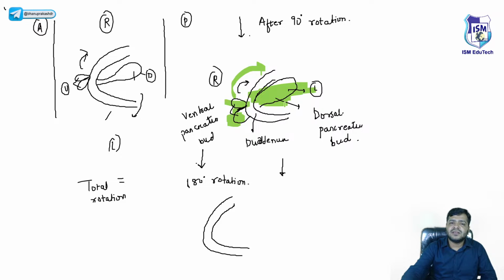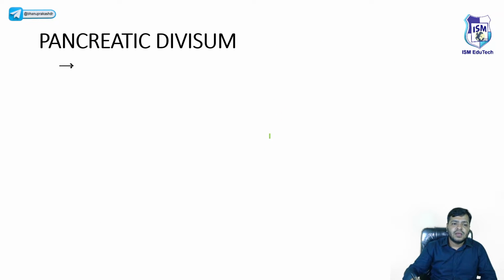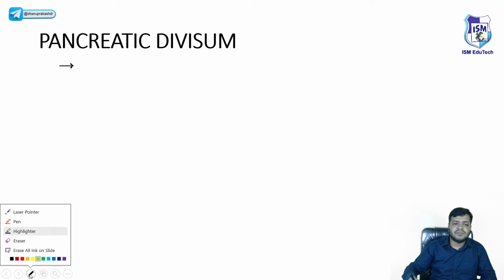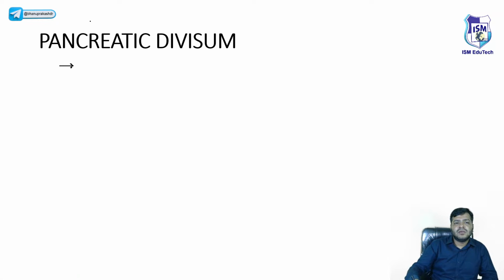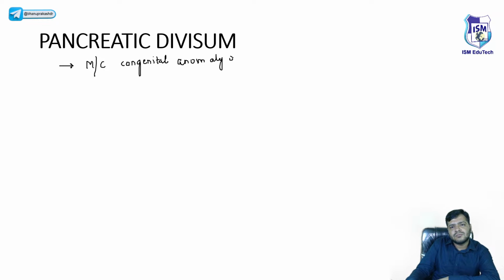If the rotation is not present, it results in something called pancreas divisum. The name itself tells you. So it is pancreas divisum. Remember that it is the most common congenital anomaly of the pancreas, right?